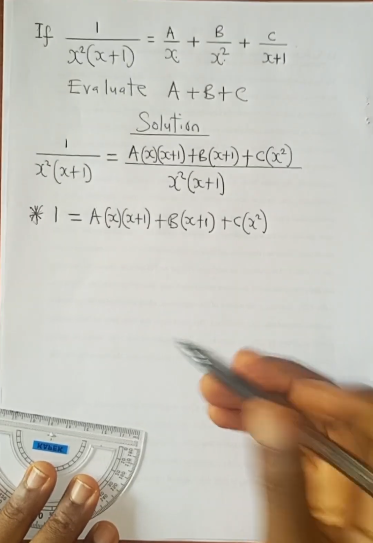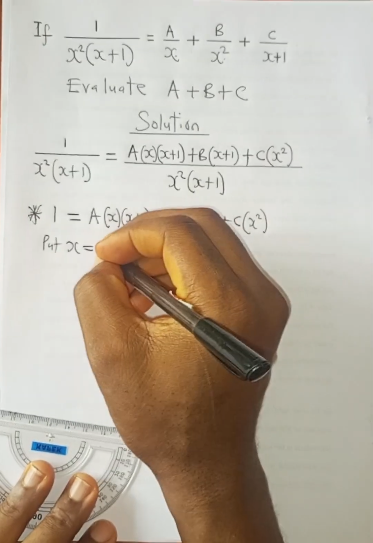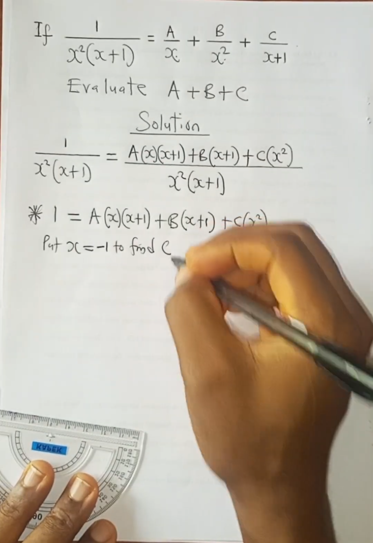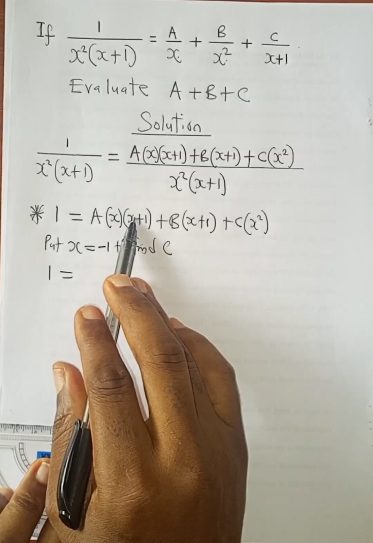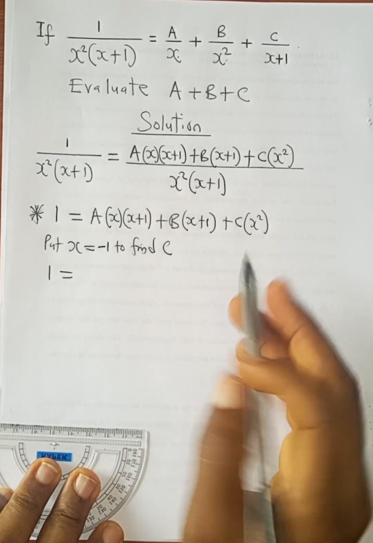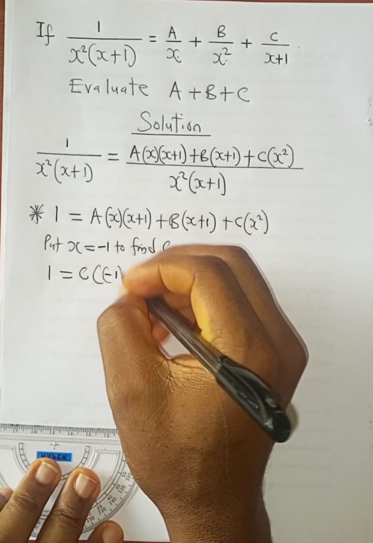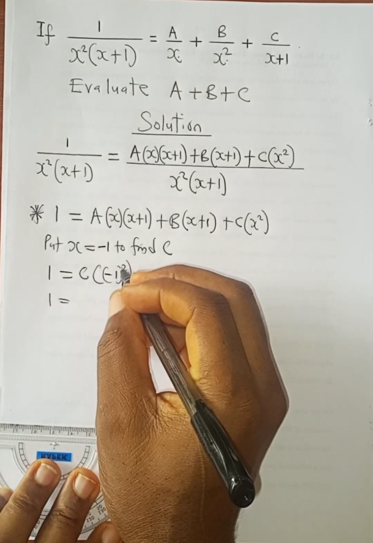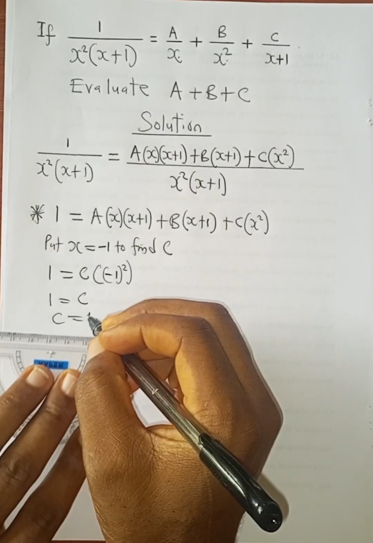We can find C. So I'll put s equals minus 1 to find C. So I say 1 is equal to, if you put minus 1 here, A is already 0, no need. Here, minus 1, B is 0. So we have C times minus 1 squared. Minus 1 squared is 1. 1 times C is C. So C is equal to 1. That is what it means.